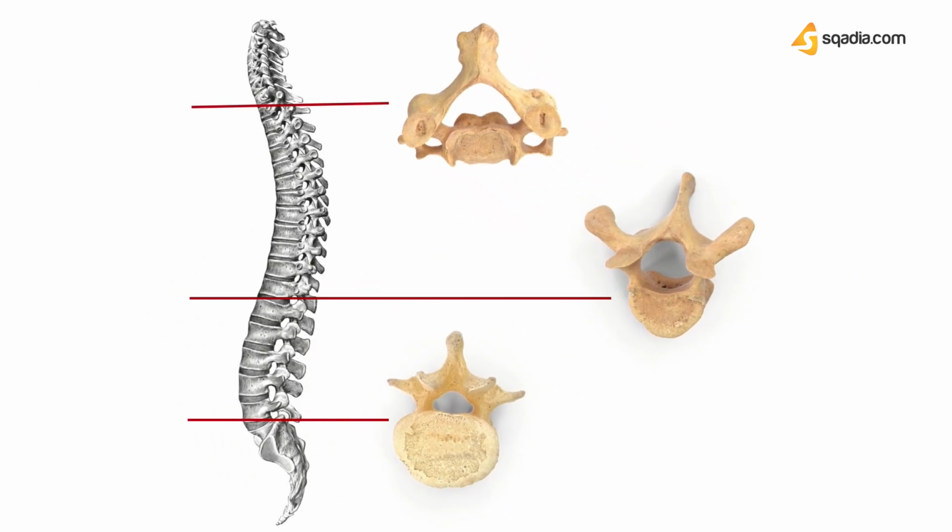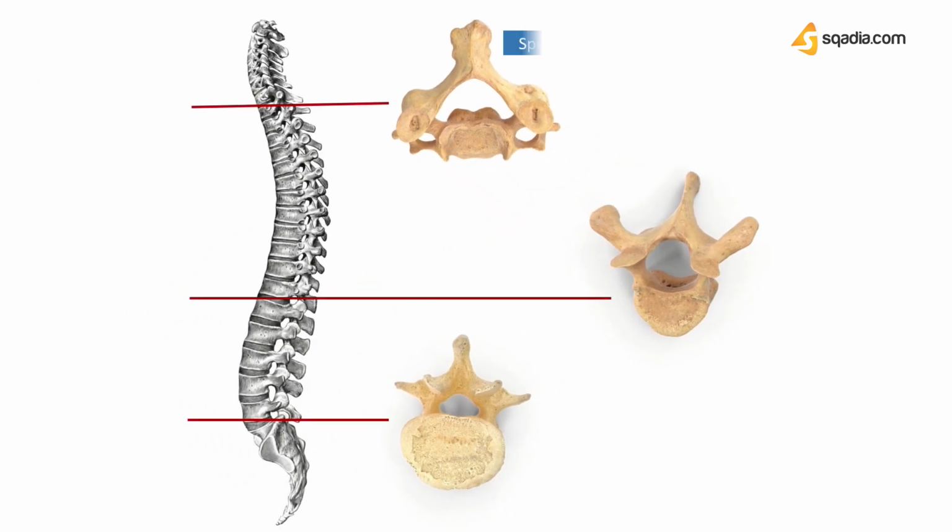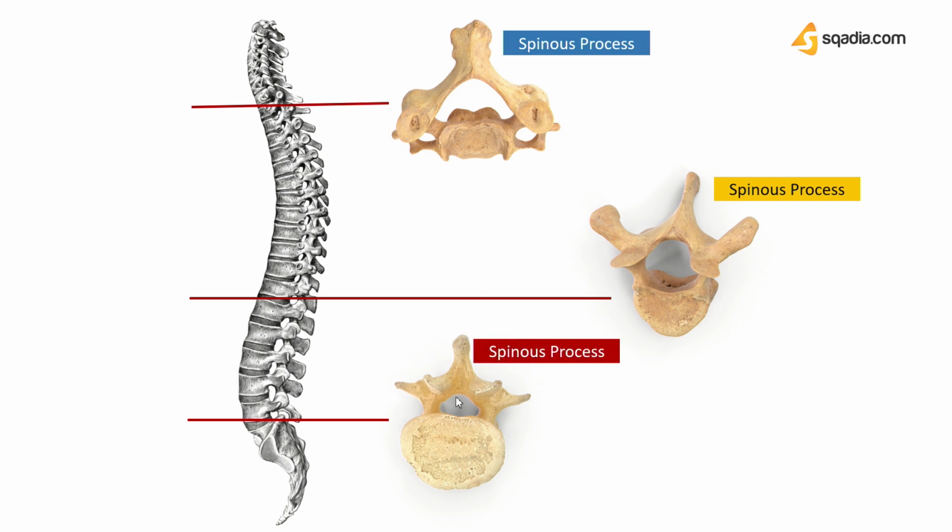The spinous processes are usually slender and bifid in case of cervical region, that is from C2 to C6. In case of thoracic vertebrae, they are long and fairly thick, mostly projecting backwards and downwards. In case of lumbar, they are short and blunt and projecting backwards.